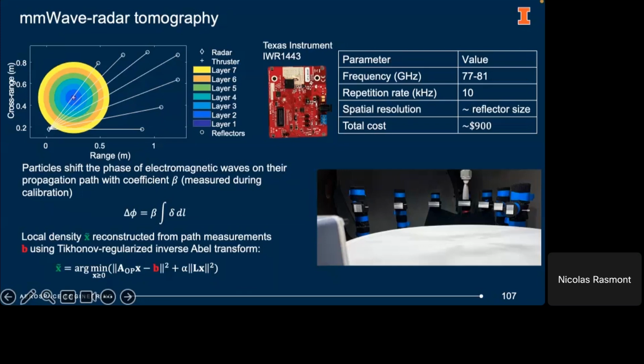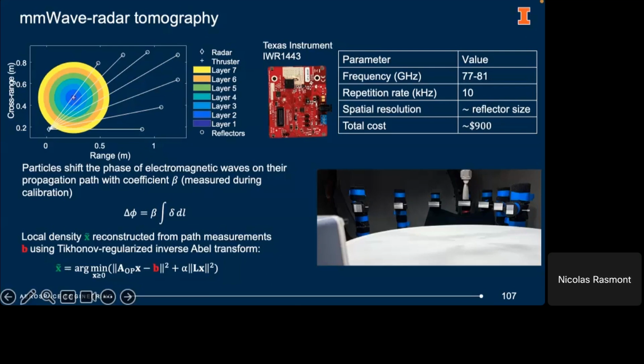However, what we are really after are local concentrations of ejecta, and to convert those path integral measurements into local concentration, we use a tomographic technique. By combining the measurement of all those 7 independent path measurements, we can back out the concentration of ejecta in local concentric areas around the nozzle axis, if we assume that the ejecta cloud is axisymmetric, which is a reasonable assumption since our tests are done with a normal impingement orientation.